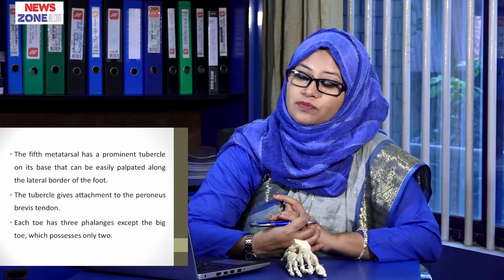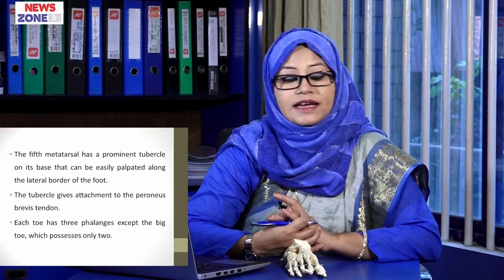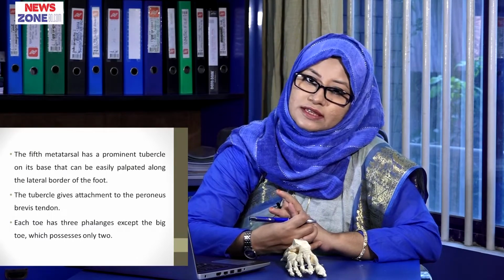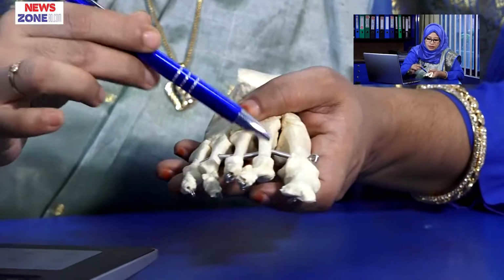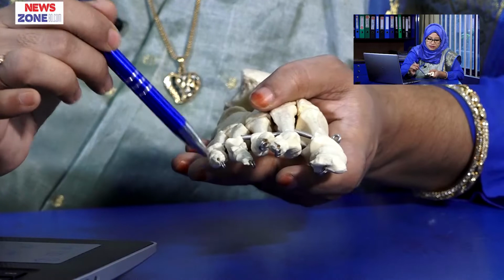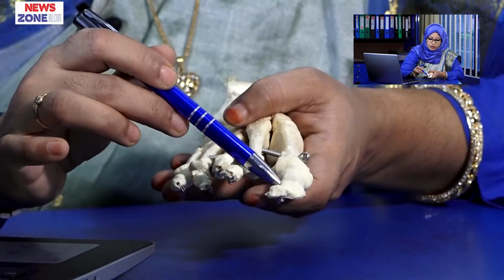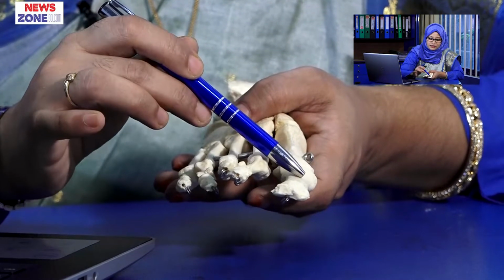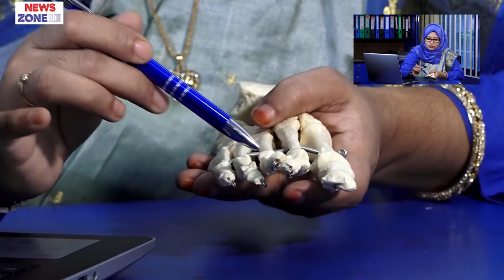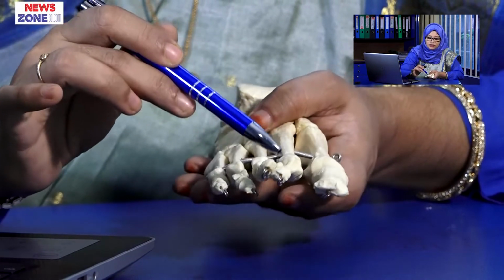The tubercle gives attachment to the peroneus brevis tendon. Each toe has three phalanges except the big toe, which possesses only two. These are the phalanges. In the great toe there are only two phalanges, and the other toes contain three phalanges.